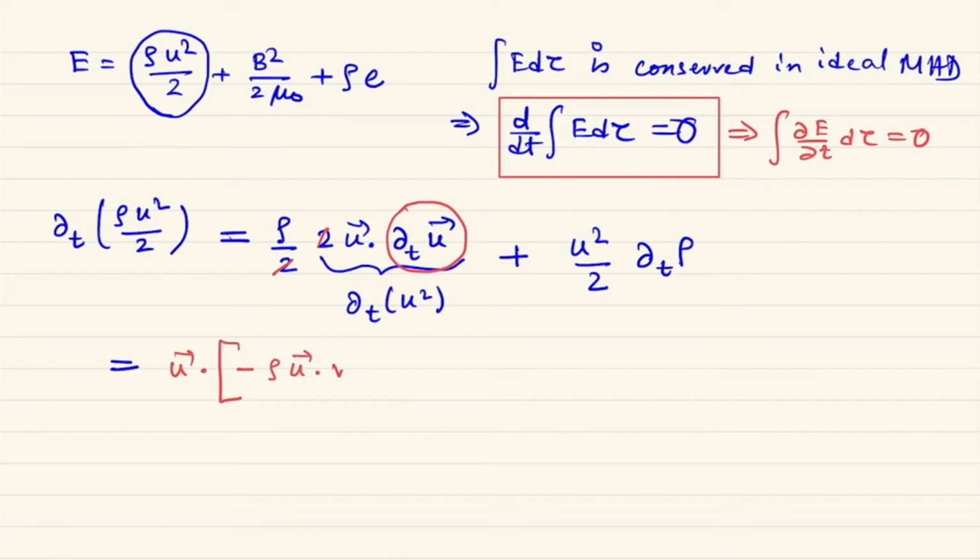I am just writing the expression for rho times del u del t, and that is minus rho u dot nabla u minus gradient of p plus j cross B. We are not considering any dissipation.